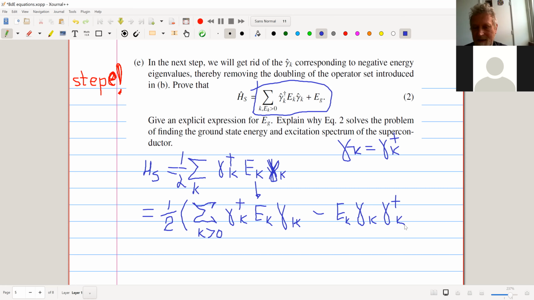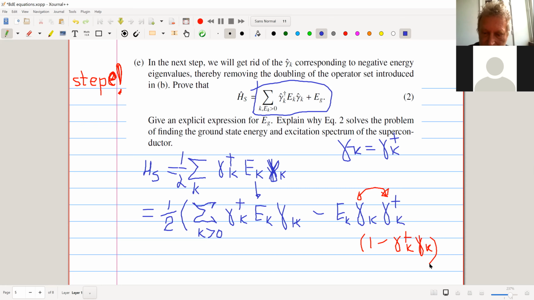Let me just get it to conventional form. To this end, I want to exchange these operators. So I replace it. Let me write it like here, 1 minus gamma. Good.